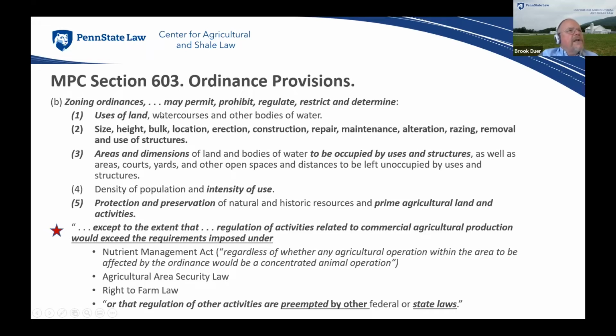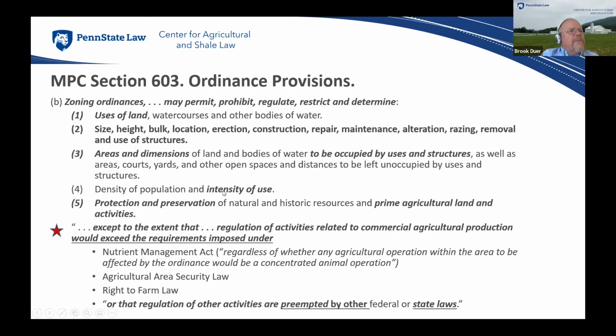So in the articulation of a municipality's authority in their zoning ordinance under the MPC, intensity of use is the phrase that is used. Now, in agriculture, we all know that is somewhat of a loaded term in this day and age, and that has come to have certain meanings. I just find it interesting that you probably wouldn't get two people who are in this field to ever agree on exactly what that means.